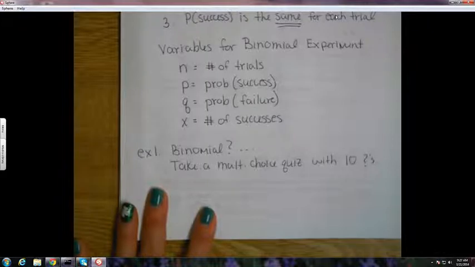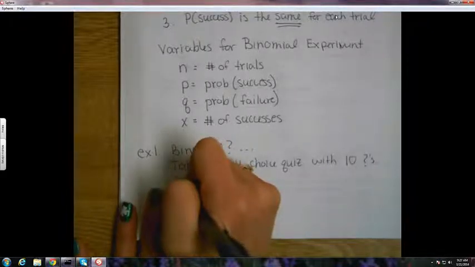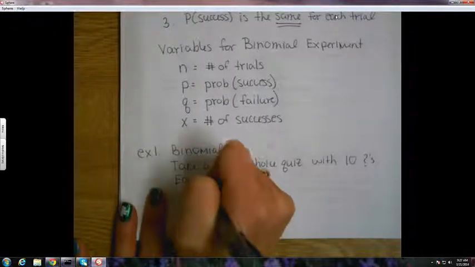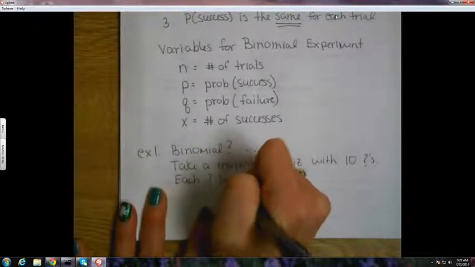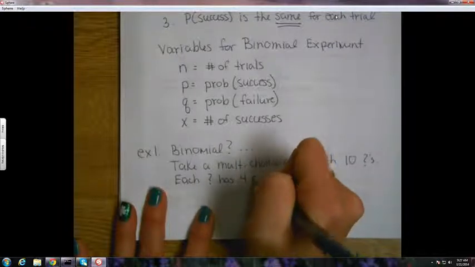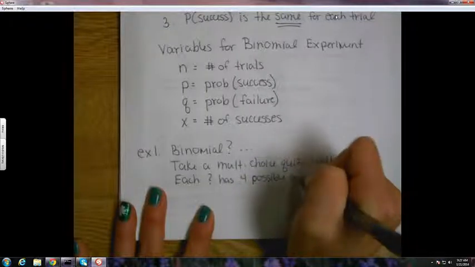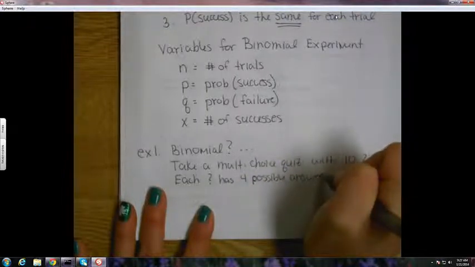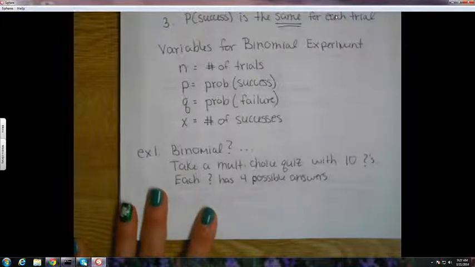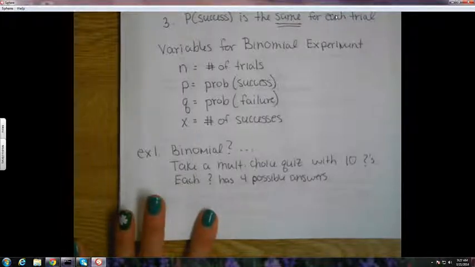Each question has 4 possible answers, A, B, C, D. To complete the quiz, you randomly guess the answers to each question.